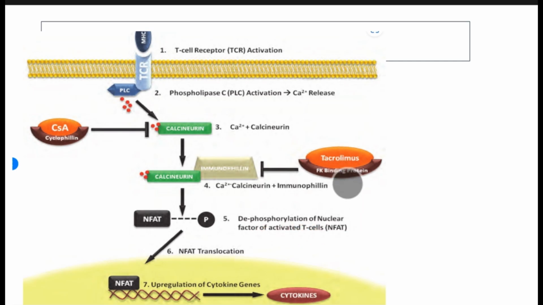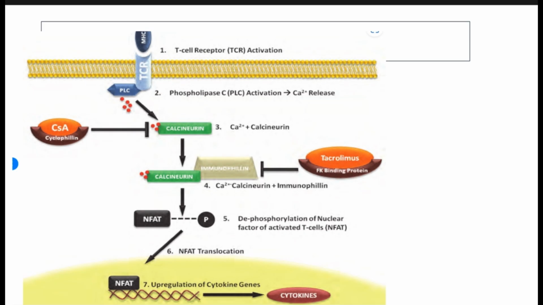Once this nuclear factor of activated T cells is activated, it goes into the nucleus and causes upregulation of cytokine genes, and all these cytokine genes are responsible for allergy. But if you can somehow inhibit this calcineurin, which is responsible for the dephosphorylation of this nuclear factor of activated T cells, then you can prevent this upregulation of cytokine genes and you can prevent the allergy as well.